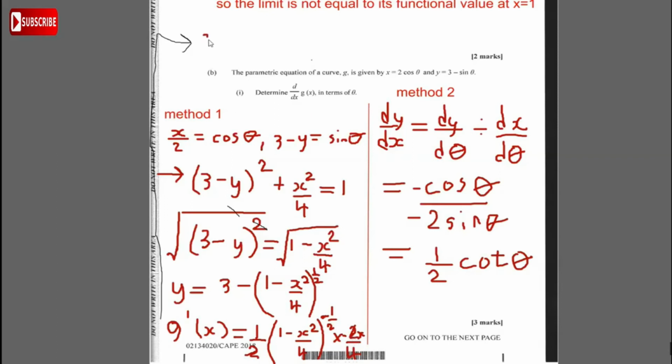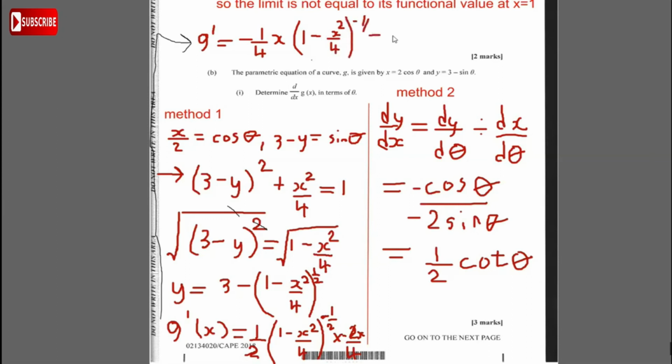So we get now that g prime is equal to minus 1 over 4x times 1 minus x squared over 4, and all of this is being raised to the minus half. This is what you're getting for g prime.